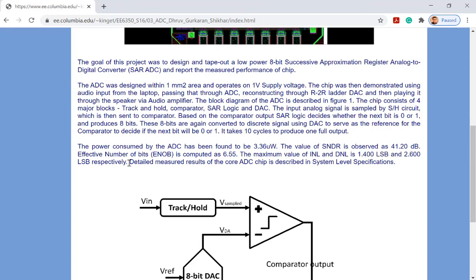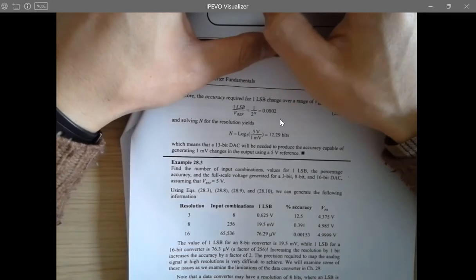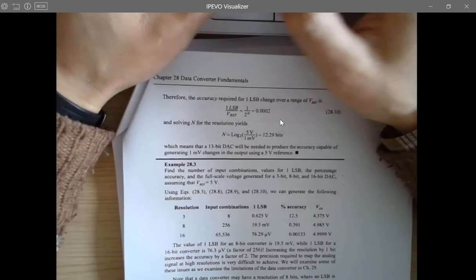So those are the most important parameters to evaluate the DAC. The power consumption is something else, it's just power. But for the performance, it's actually INL and DNL. So what are INL and DNL? That's what you need to know before you start using that ADC or DAC.